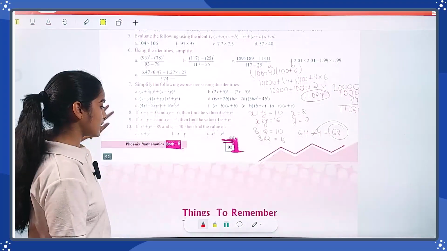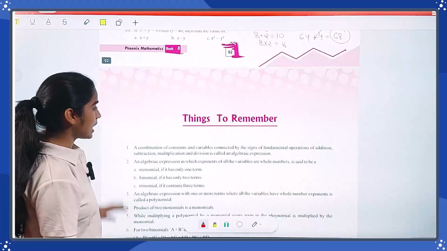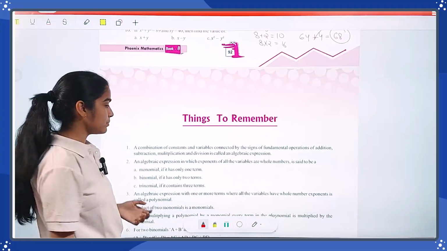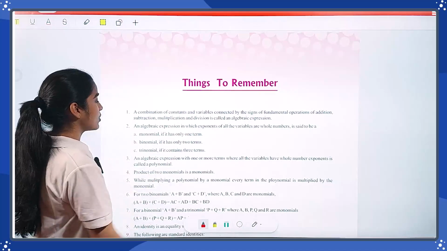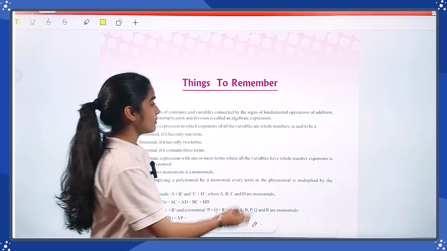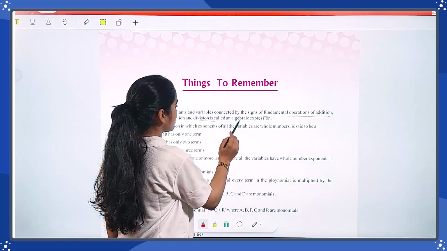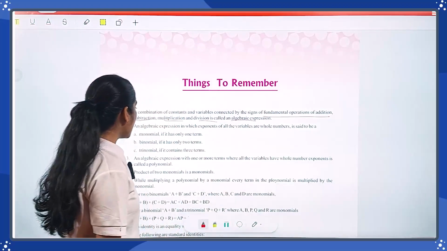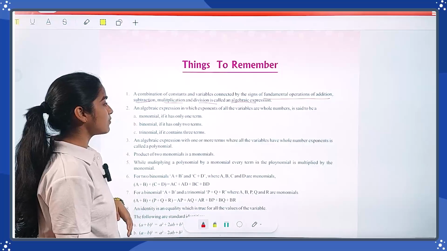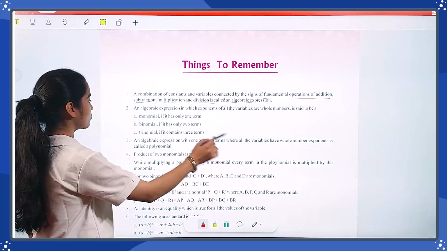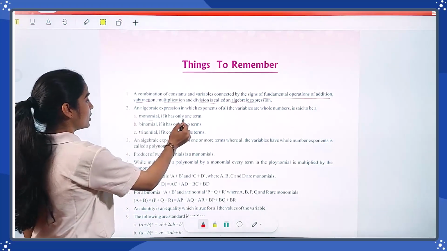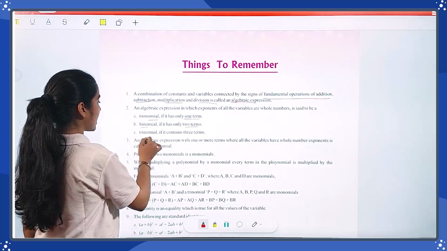I hope you have clarified your chapter till now. Now we have things which we have to remember. A combination of constants and variables connected by the signs of fundamental operations of addition, subtraction, multiplication and division is called an algebraic expression. An algebraic expression in which the exponents of all the variables are whole numbers is called a monomial if it has only one term, binomial with two terms, trinomial with three terms.